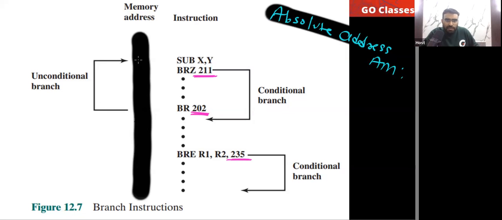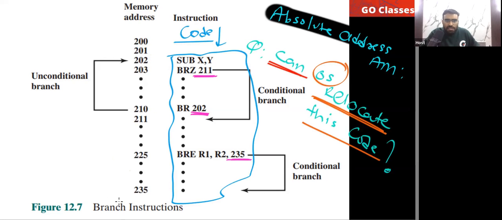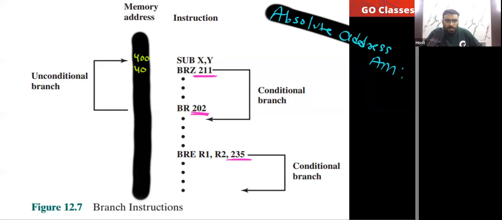Okay, let me relocate at 400. At 400, you have this. At 401, you have this. Let me relocate like this: 400, 401, 402 is this, 403 is this.